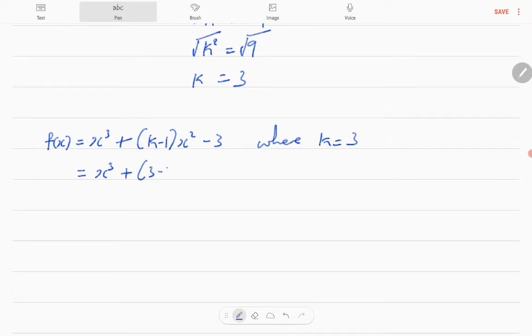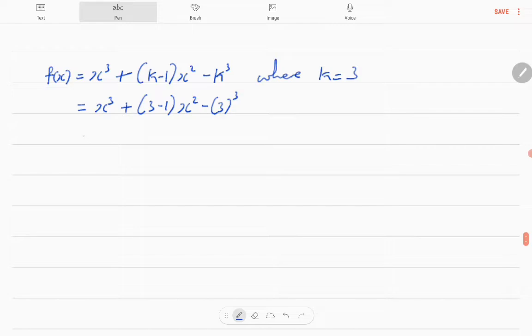So you have x³ + (3 − 1)x² − 3³. When you solve further, you have x³ + 2x² − 27. So this is our cubic function of x.